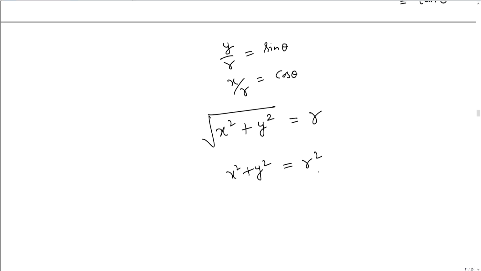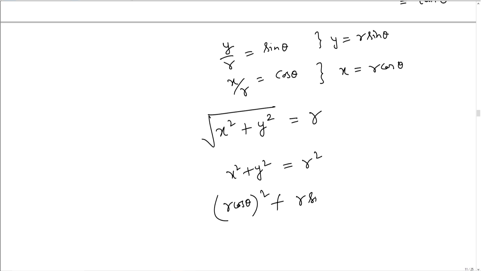Can we write x and y in the form of sine theta and cos theta? Yes, we can. x can be written as r cos theta, and y can be written as r sine theta. So, (r cos theta) square plus (r sine theta) square equals r square.